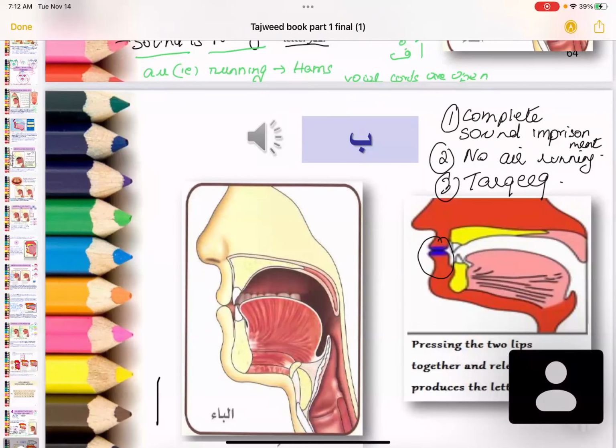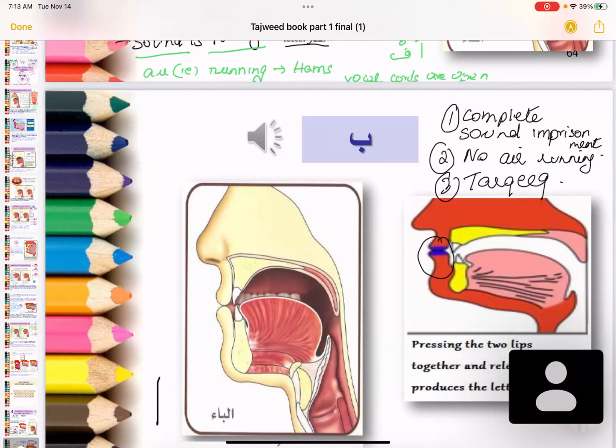There's no running of the sound because the lips have shut it off, so there is sound resonating inside the mouth, giving it its qalqala. There is echoing happening inside the mouth, giving it its qalqala.